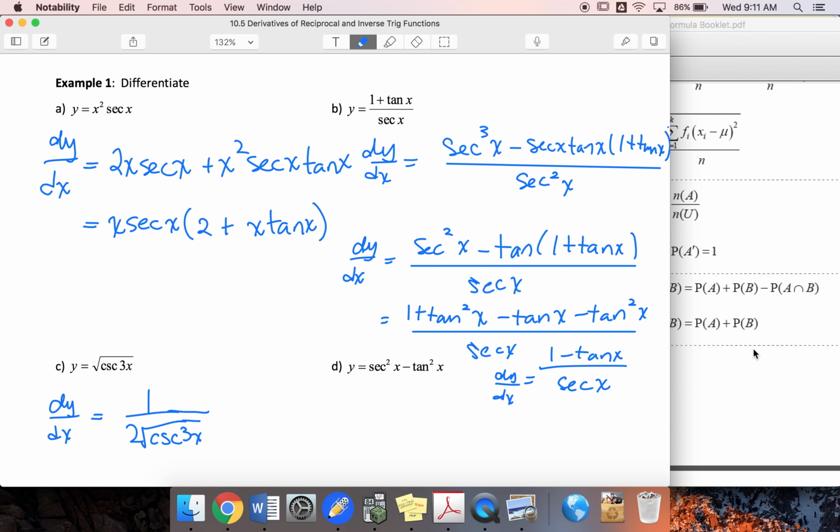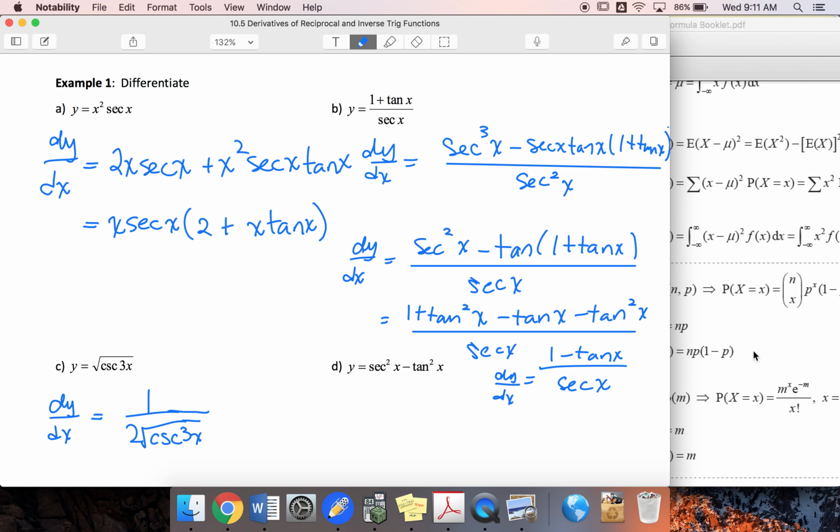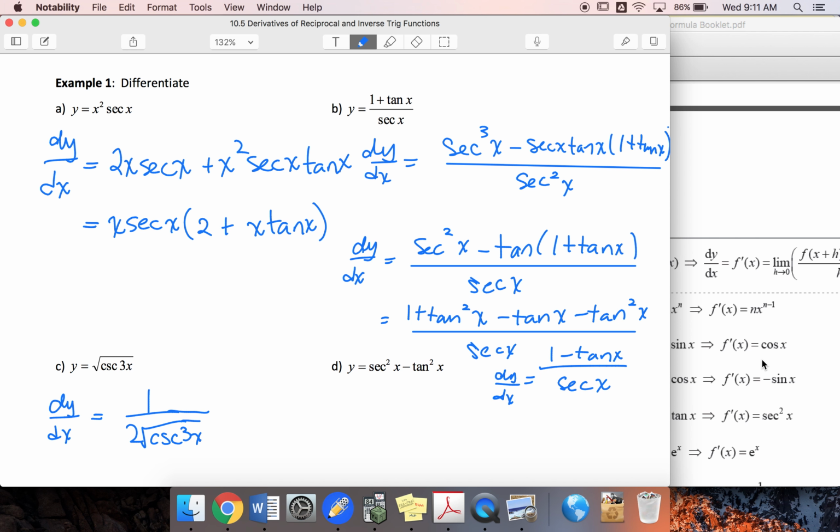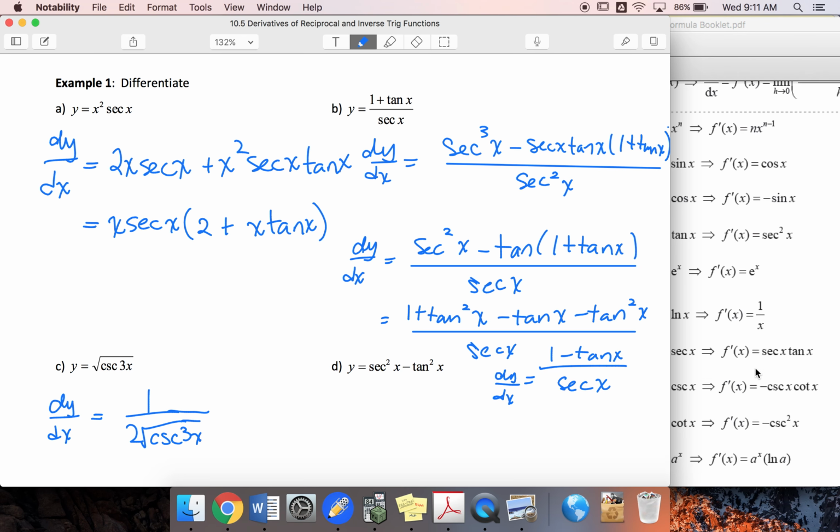So derivative of cosecant is going to be negative cosecant cotangent. So I'm just going to go ahead and put it on the top. Negative cosecant, I'm going to have cosecant of the 3x, tan 3x times derivative of the inside. Derivative of 3x, of course, is just 3. So I'm going to put that 3 out here.